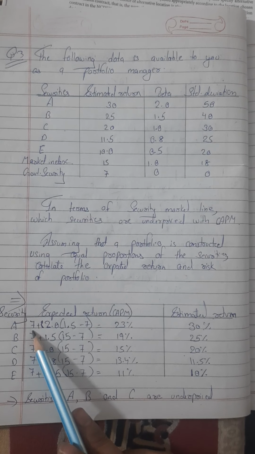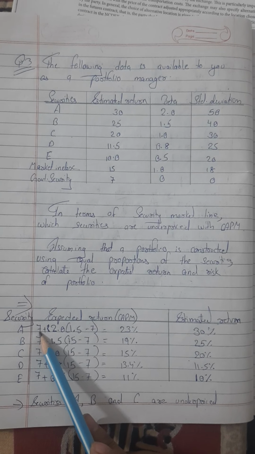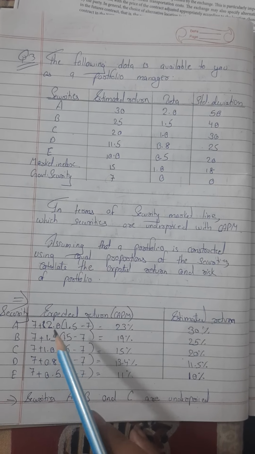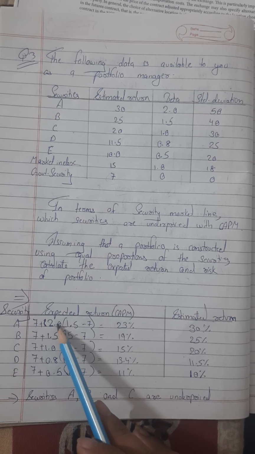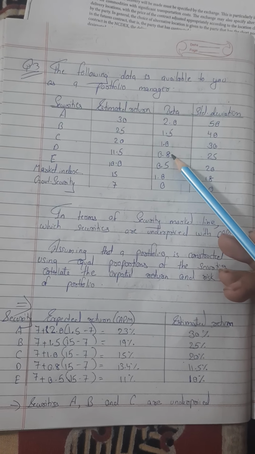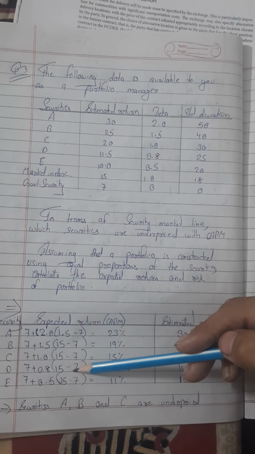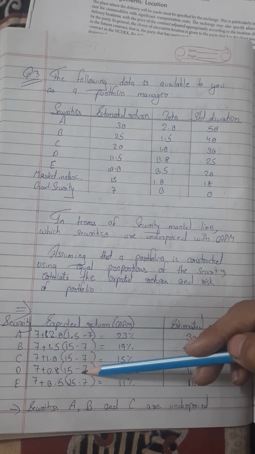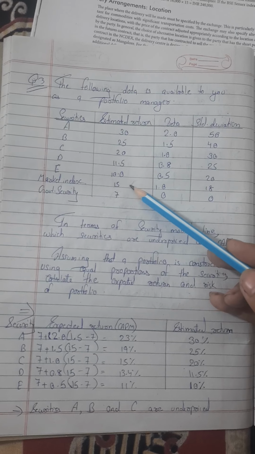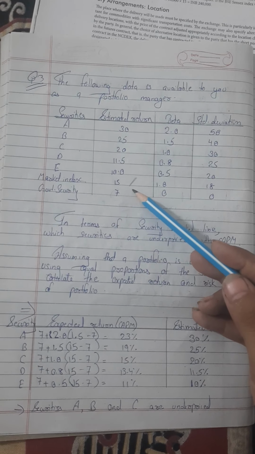We put in the CAPM formula here. The government securities rate will be the risk-free rate here, 7%, plus beta, with values 2.0, 1.5, 1.10, 0.8 and 0.5, into (15 minus 7). 15 is the market return, the return of market is 15%, and 7 is again the risk-free rate.